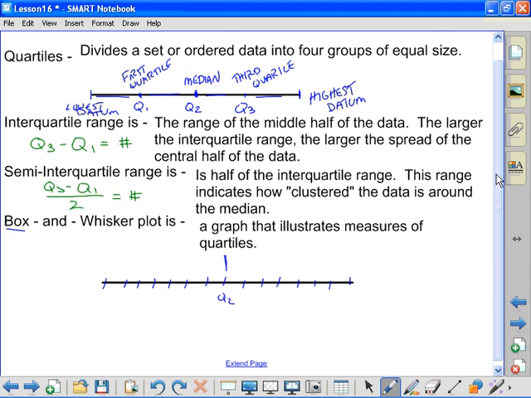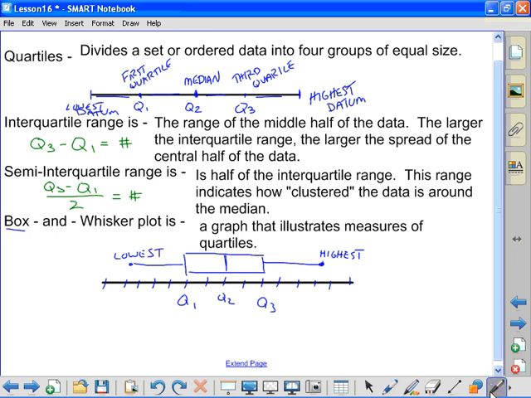We then find that Q3 is up here. I have no numbers to work with, I'm just coming up with an example. What we would do is create a box, and the box represents that half of our data is in that range. Then our whiskers come from drawing lines out from the box, reaching to the highest and lowest datum points.